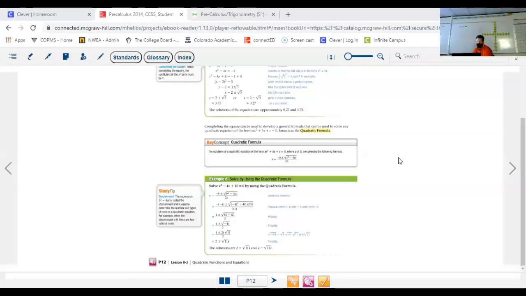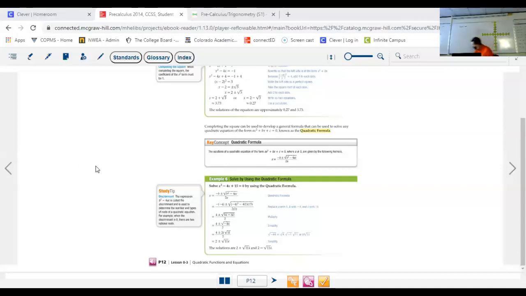And what it says is the solutions of a quadratic equation of the form ax squared plus bx plus c equals 0, where a cannot equal 0, are given by the following formula. And it's listed right there. It says that x is equal to the opposite of b, or negative b, plus or minus the square root of b squared minus 4ac all over 2a.